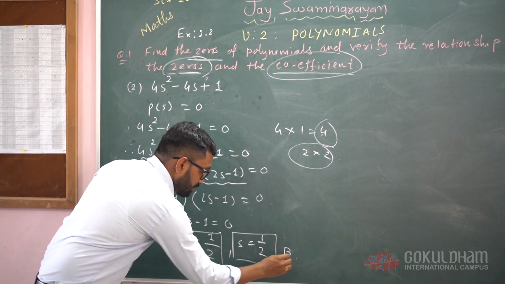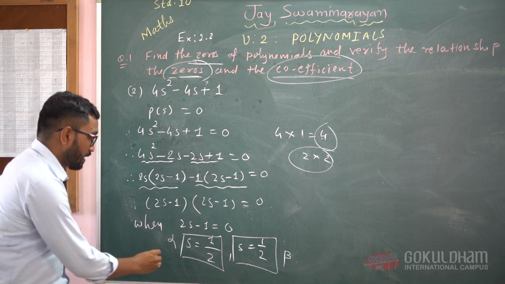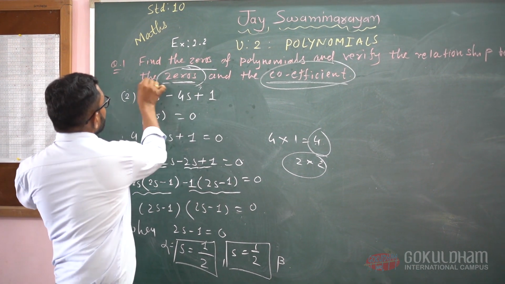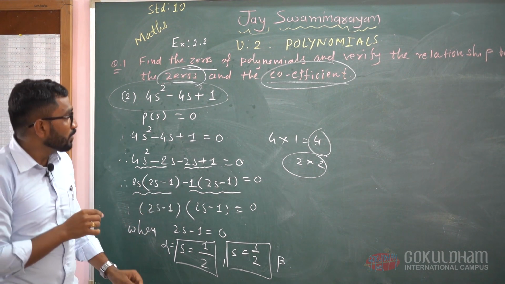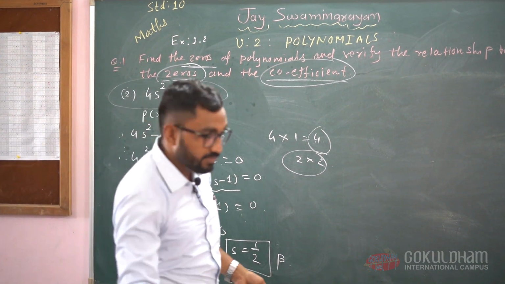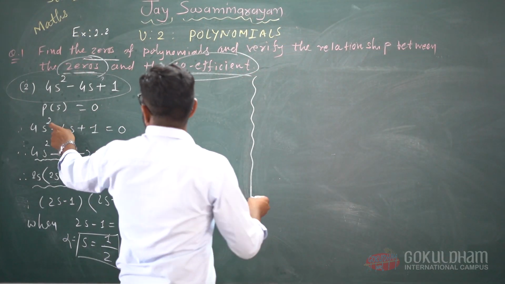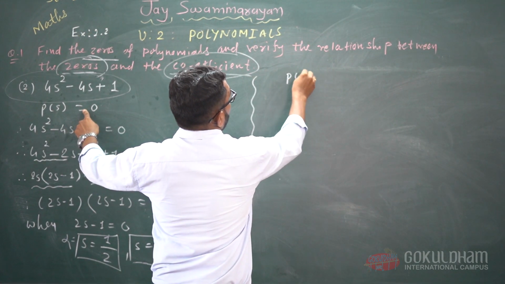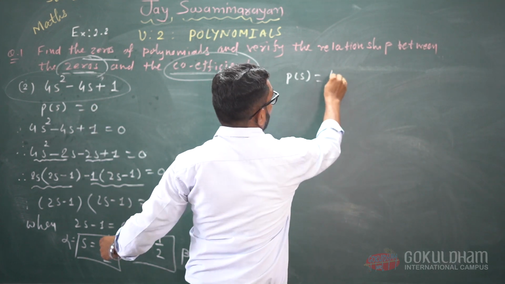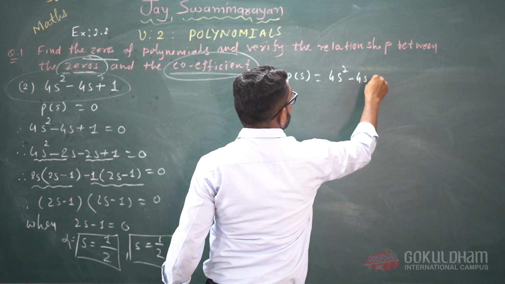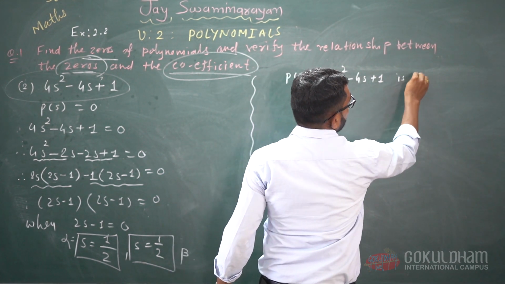Now compare this equation with the general quadratic equation. Our equation in the form of P of s equal to 4s square minus 4s plus 1.